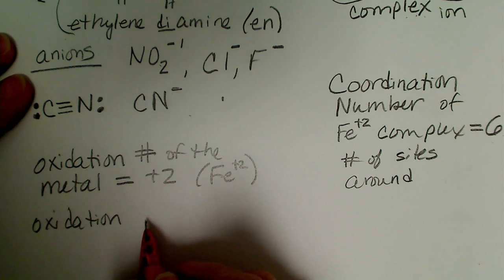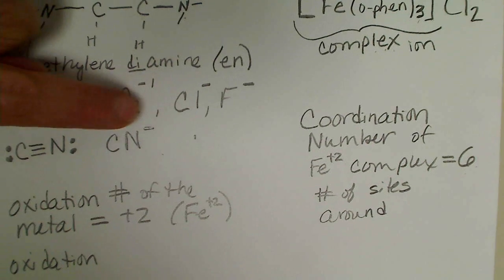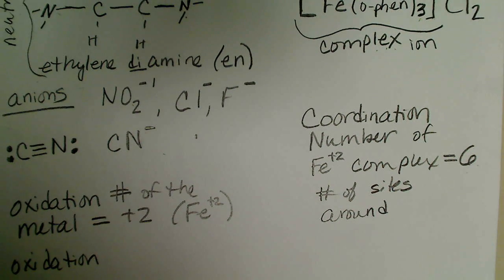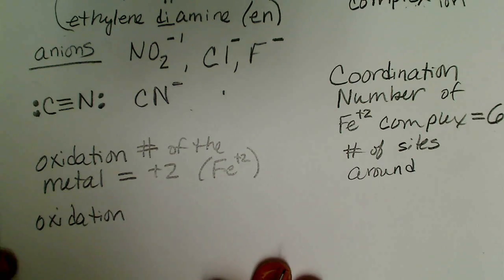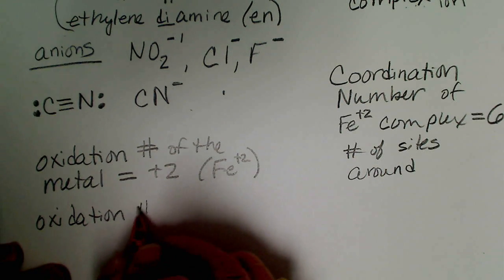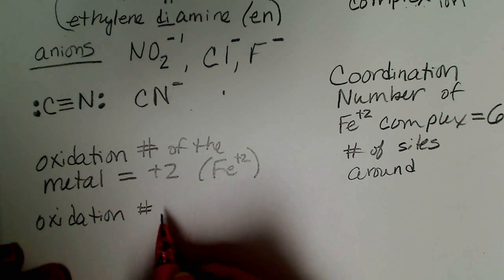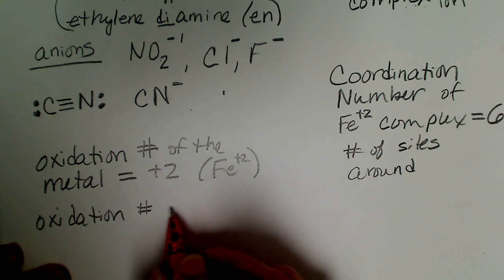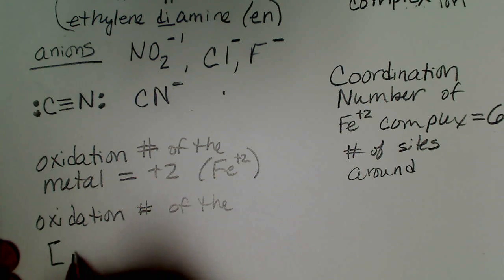I'm going to draw one more example where we have chlorides or cyanides around the metal as a ligand. And in that case, the oxidation number of the complex will be different from the oxidation of the metal.